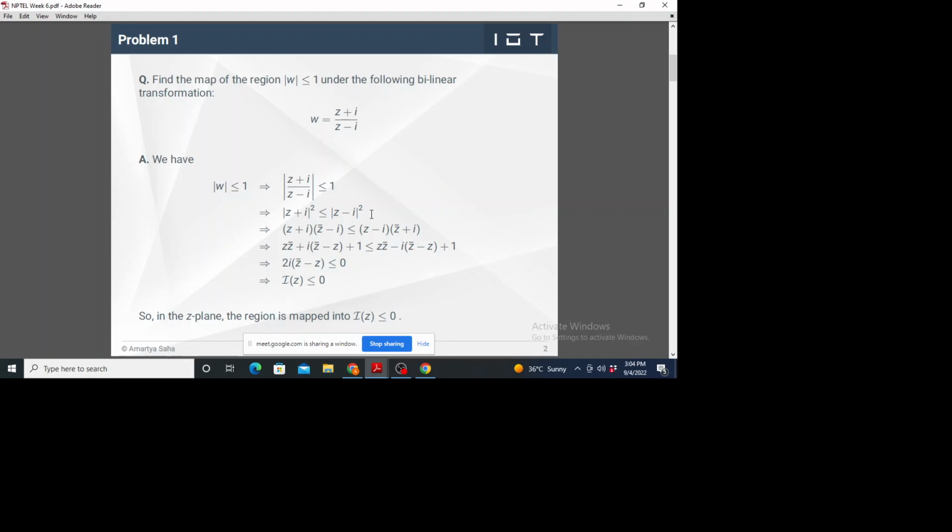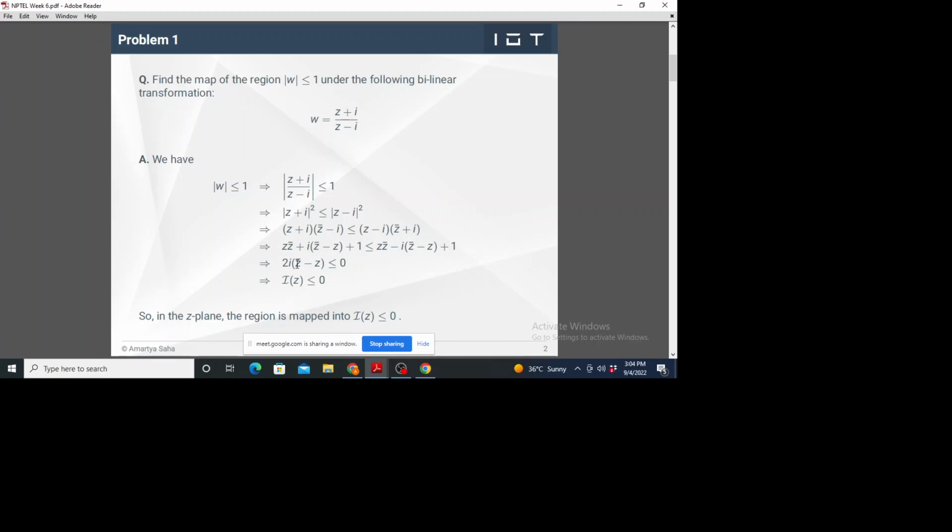Then I used the formula for the modulus of a complex number. The square of the modulus of Z plus I is Z plus I multiplied by Z bar minus I. A complex number multiplied by its complex conjugate gives the square of its modulus. I multiplied this out, and some terms get cancelled.